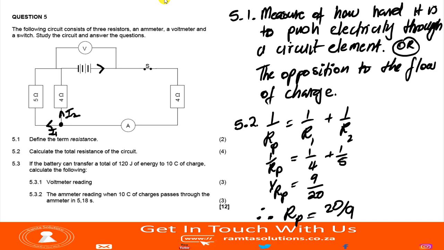So energy is 120 joules, and charge is 10 coulombs. 5.3.1, the voltmeter reading. Here we are looking at the total voltage, or the potential difference, supplied by the battery.